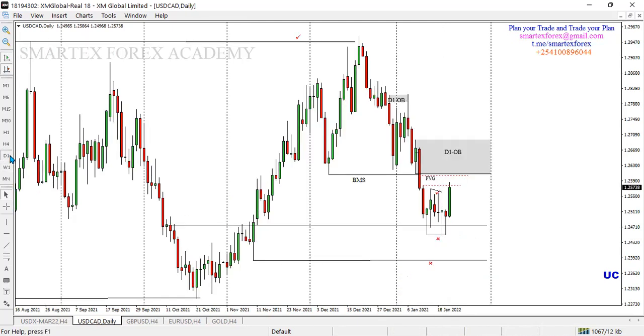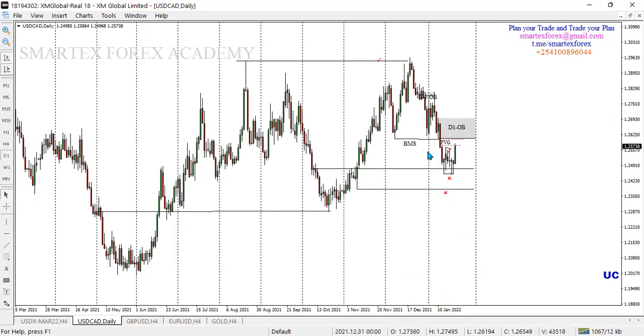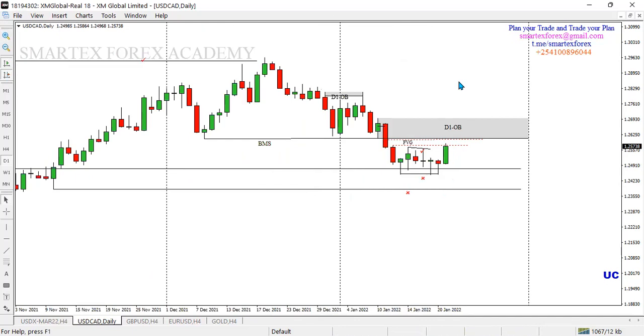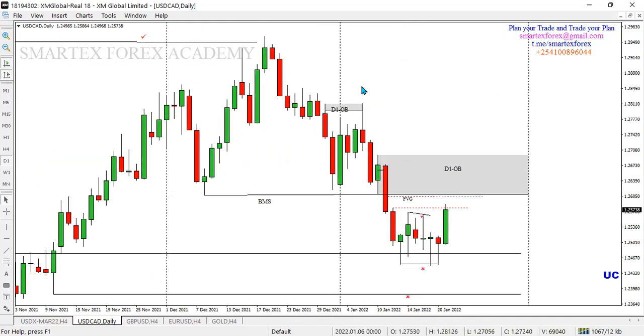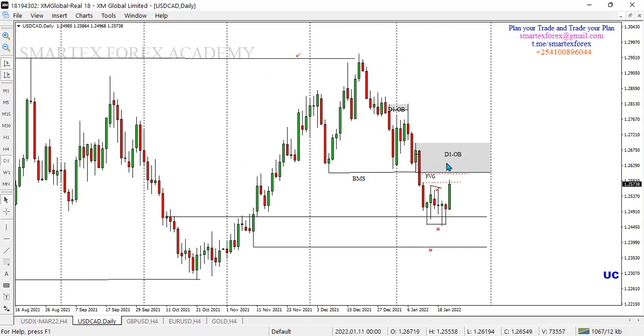So if I look at the daily time frame, in the daily time frame, we have a break of structure. A break of structure here, and this is the premium array here.